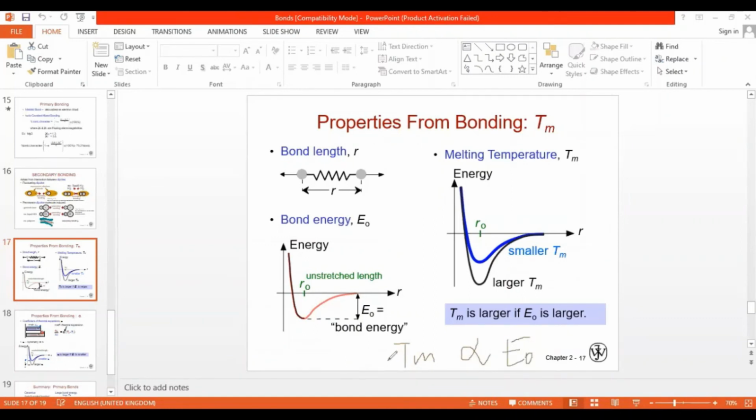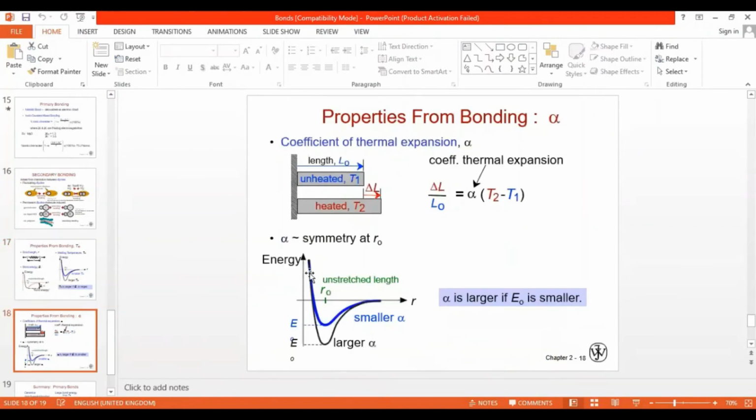If the bond energy increases, the melting temperature will also increase; if the bond energy decreases, the melting temperature will also decrease. These are a few properties you can gather from the bonding. Then there are certain other properties also.